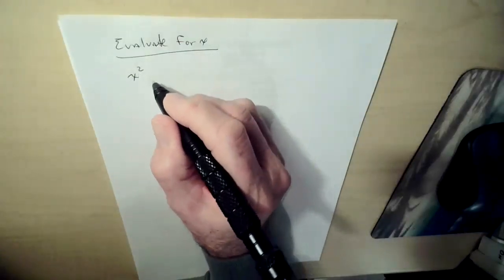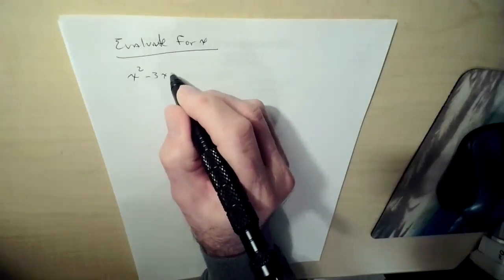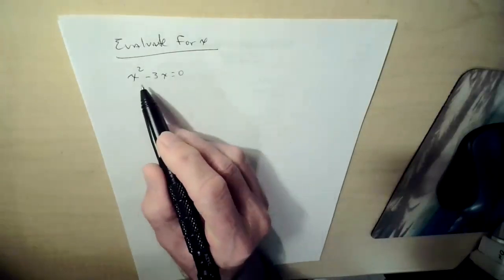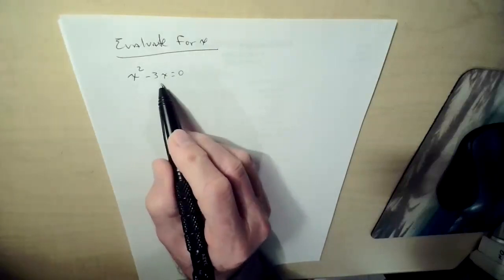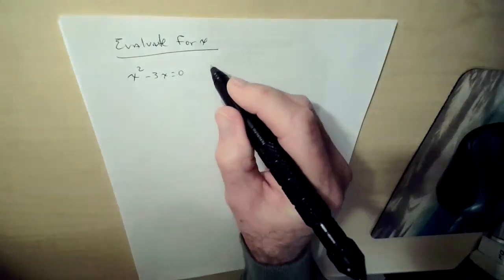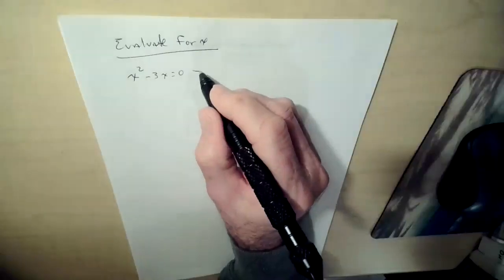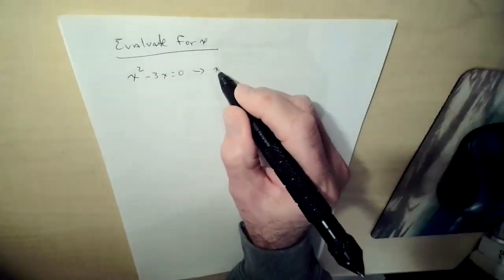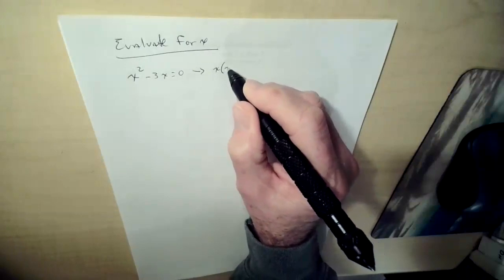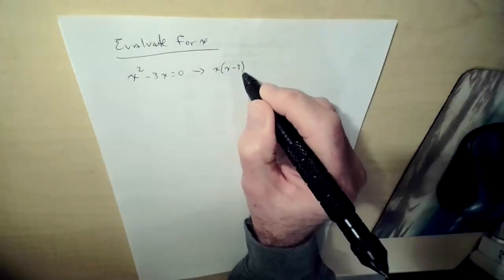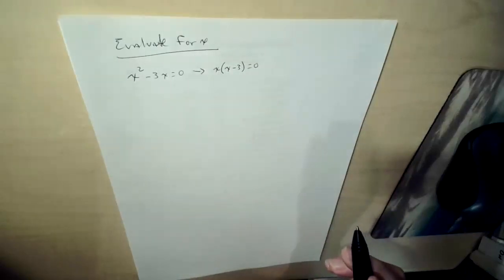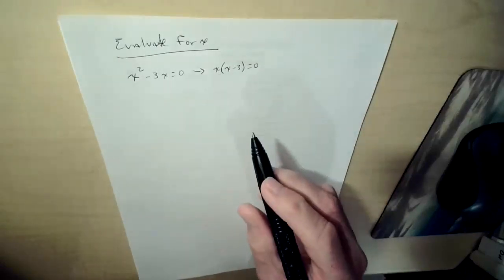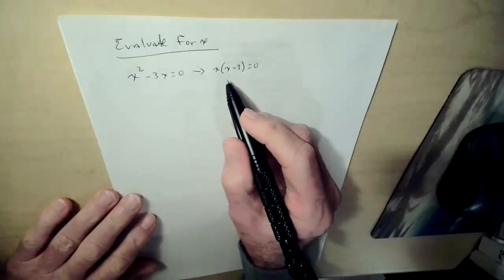So the first thing we have to do is we have to factor, first we set them equal to 0. So if you have x squared minus 3x equals 0, now we have to factor this. What can we factor out of both of these terms here? X. So we have x, open, x minus 3 equals 0.